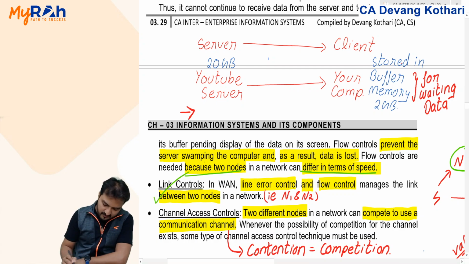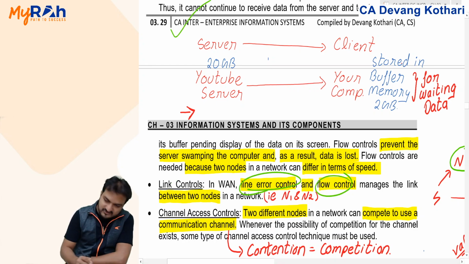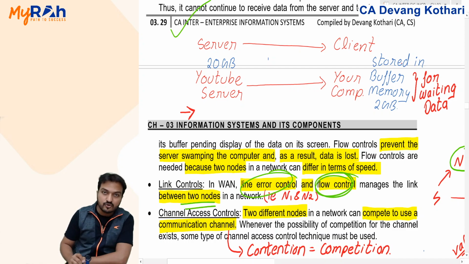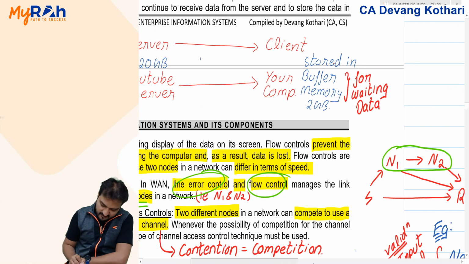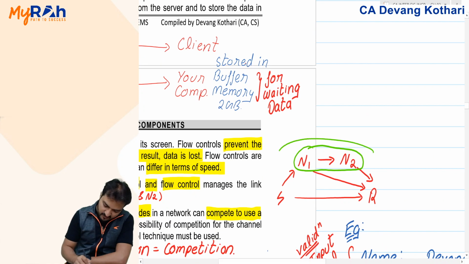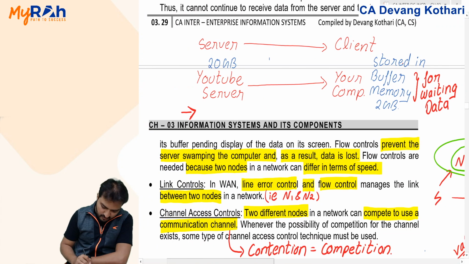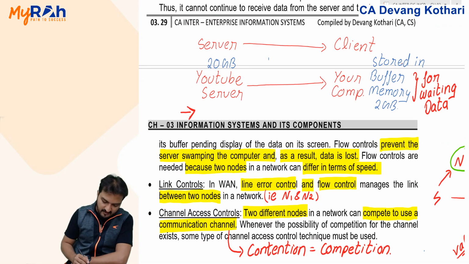Link control means your line error control, the earlier one, and flow control, this one. It means line error control and flow control between two nodes. Like in a network, from the sender to receiver, there might be nodes involved in between. Line error control and flow control between the nodes was called link control.